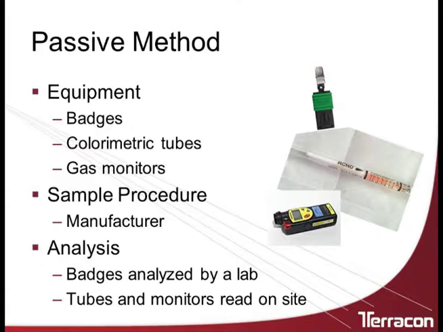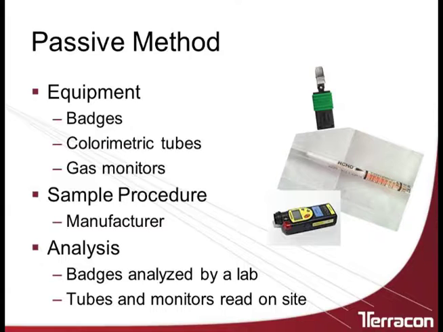And then the last one is you can sometimes get individual gas monitors. I'm sure that some of you are probably familiar with those. If you've got confined spaces and you want to make sure that individuals are entering a safe space, well, they do have individual monitors for specific gases. Not all of them, but they do provide a quick way of getting an idea of what that concentration is.